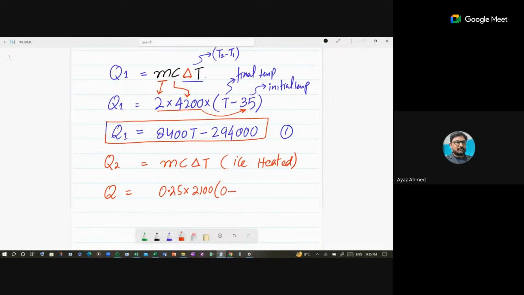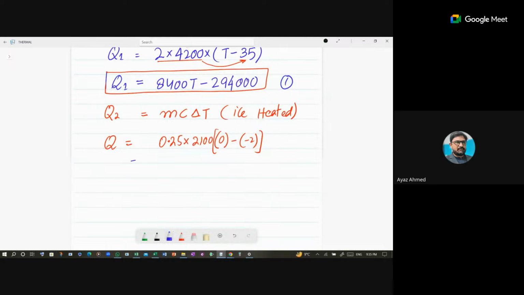Its temperature reached to 0 degree centigrade from minus 2 degree centigrade. So I can say 0 is the final temperature minus 2 is the initial temperature. So what will be this number? It would be 0.25 times 2100 times 2. So what will be this total number?